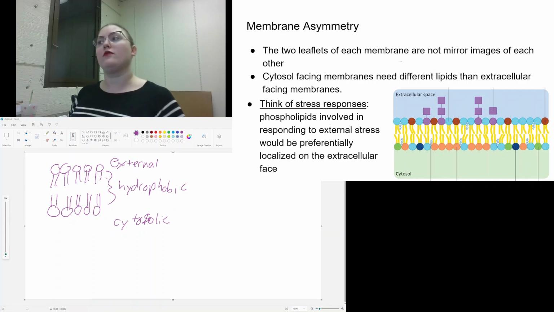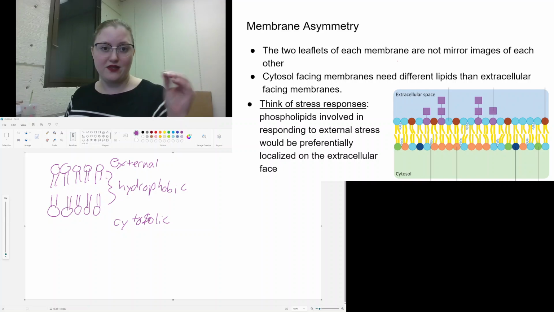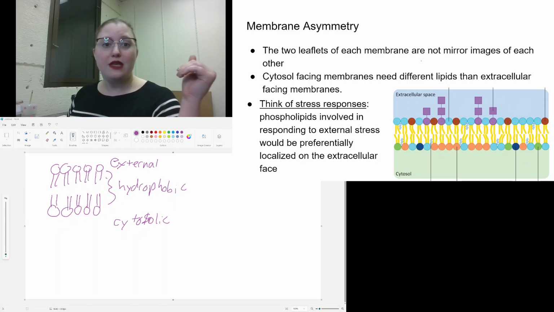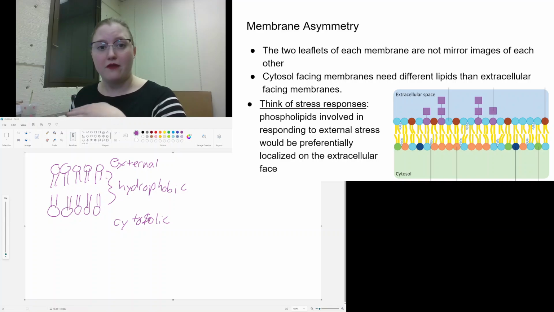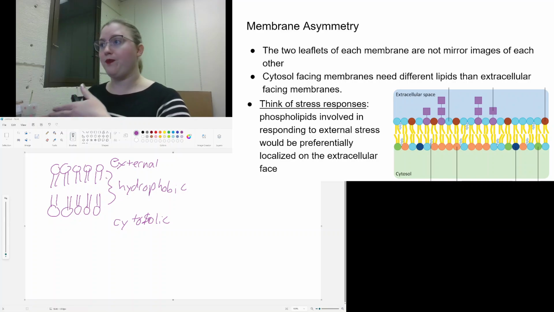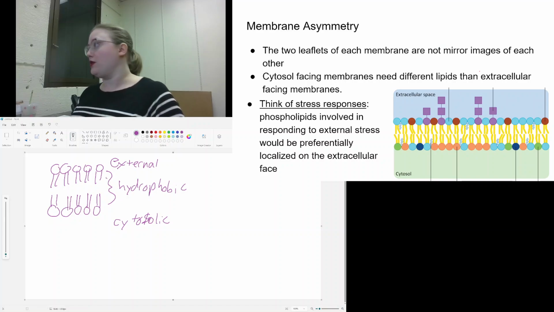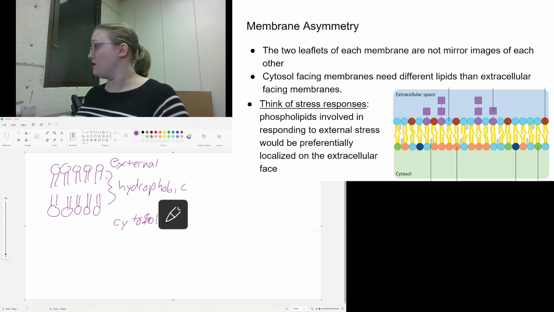Okay. Now, we just mentioned this with the flipase and its specificity. So the two sides of the membrane are not mirror images. So the inside of the membrane is not the same as the outside of the membrane. The different faces of the membrane have different jobs. So if you think about cell signaling, well, let me switch over to here where I have some more space.